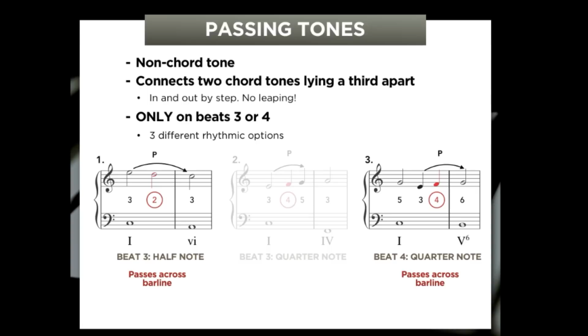In the first one here, we move from a chordal E in the C chord to a chordal C in the A minor chord. Same thing with moving from the chordal E over the tonic to the G over the dominant. Okay? So passing tones can either pass across the bar line from one chord to another, or pass within the bar if you have the quarter note on beat 3.